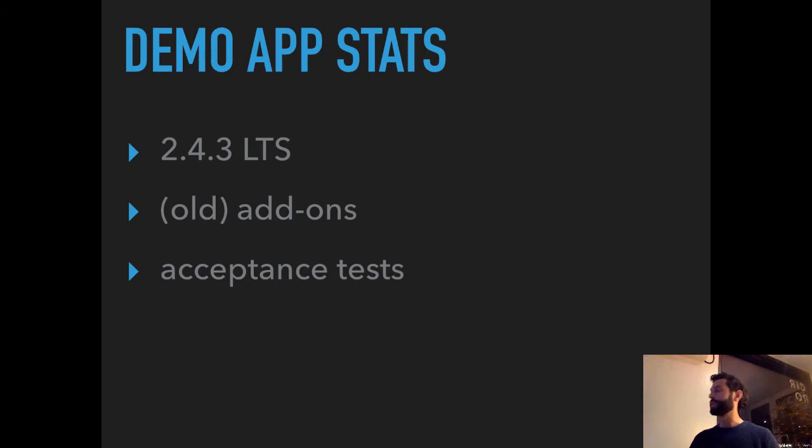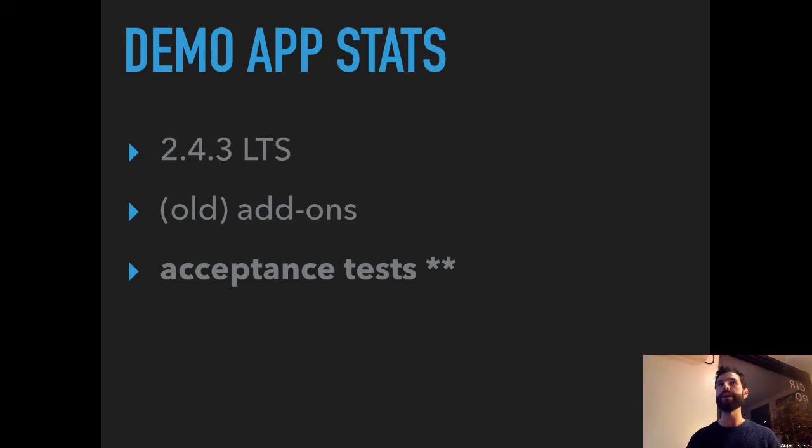So even though I built this recently, I built it against 2.4 LTS. I used add-ons that were available when 2.4 came out. So this was originally built with a bunch of old add-ons. And it has acceptance tests for the critical functionality throughout the app. An important part to remember throughout this talk is that deprecations are thrown when the code using the deprecated function is called.